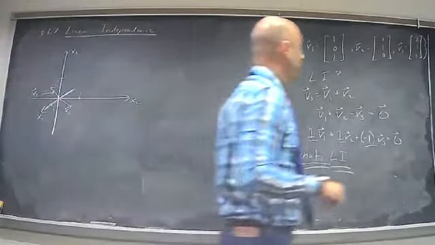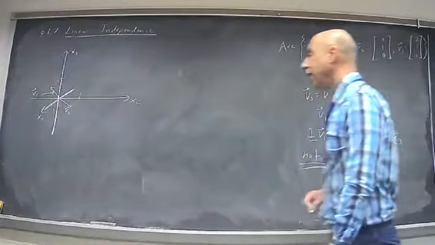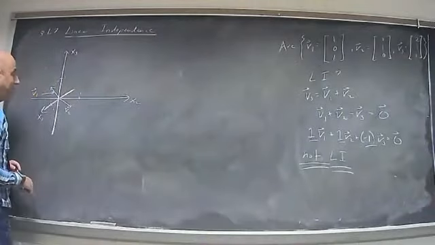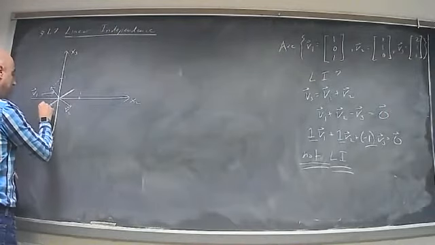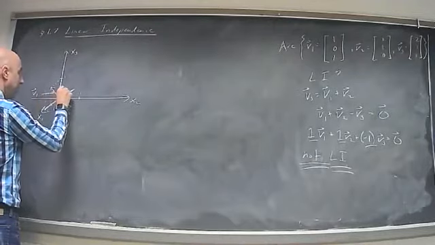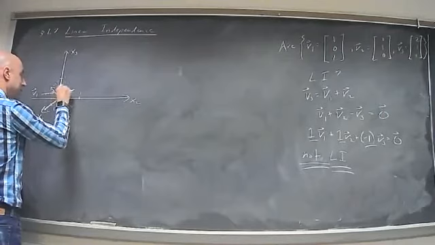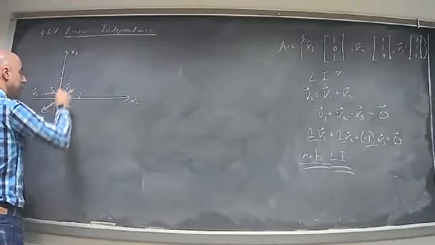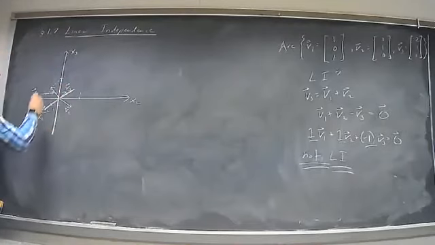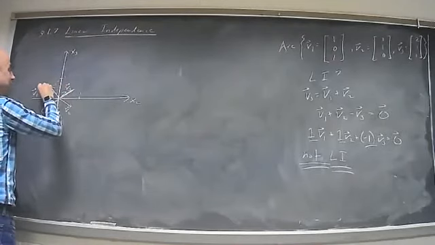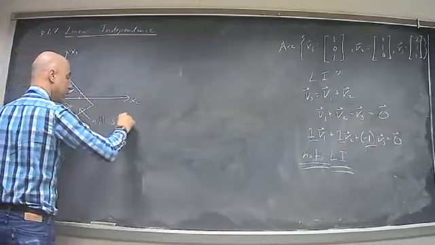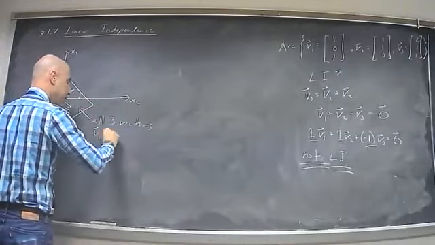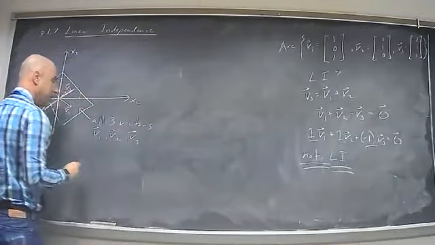But I also have the vector v3, which is 2 on my x1 axis, 1 on my x2 axis, and 1 on my x3 axis. So out 2, and over 1, and up 1. So I have my v3. And the thing is, all three of these vectors, v1, v2, v3, lie in the same plane.